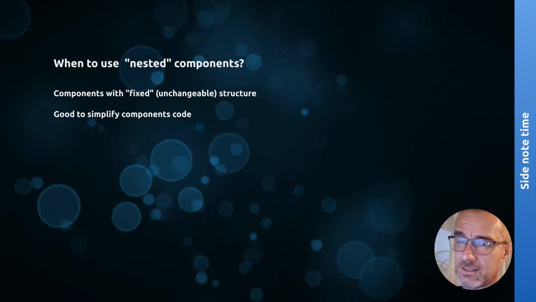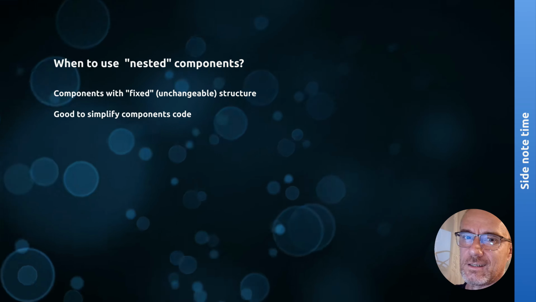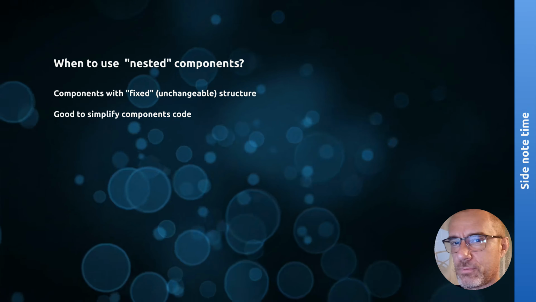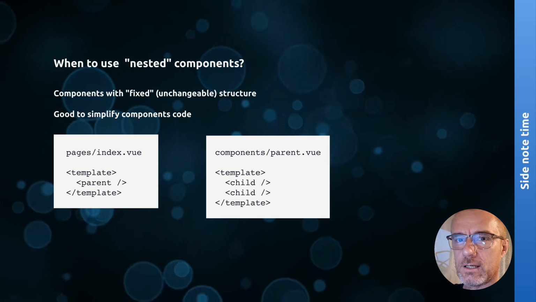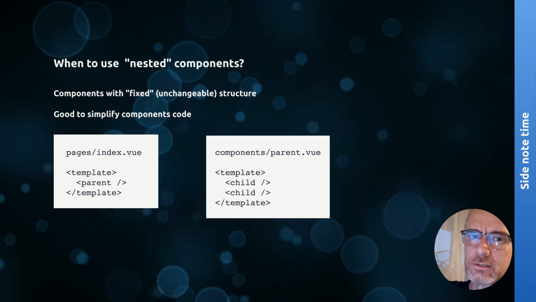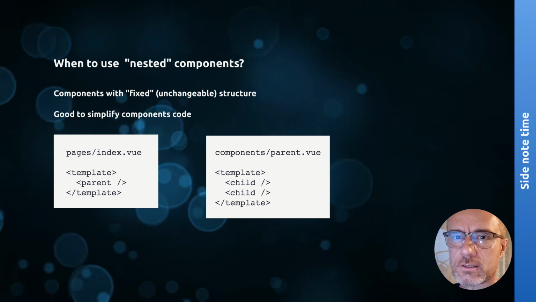And in our case, that's the reason why we will use this approach, and why I will put the child components inside the parent component instead of the approach where we could use slots.